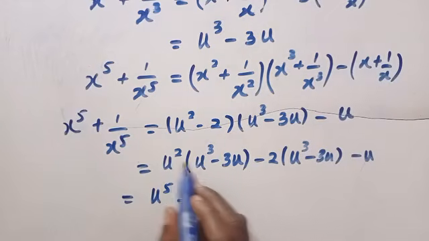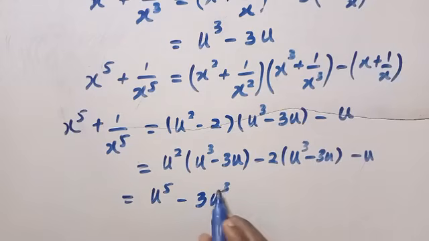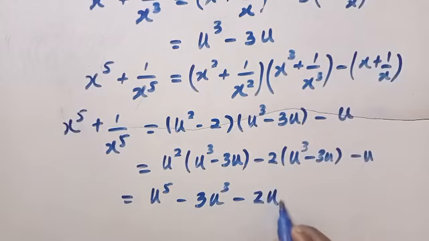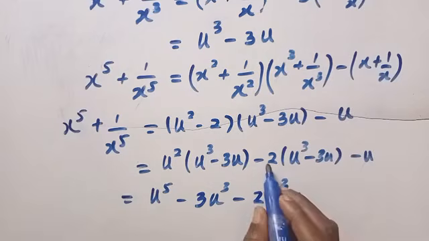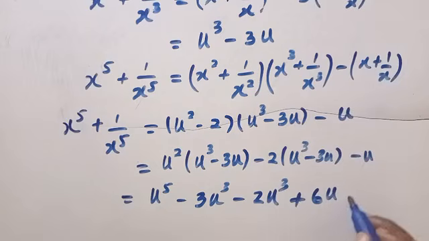Then minus u power 2 multiplied by minus 3u gives minus 3u power 3. Then minus 2 multiplied by u cube is minus 2u raised to power 3. Then minus times minus is plus, and 2 multiplied by 3 is 6u.